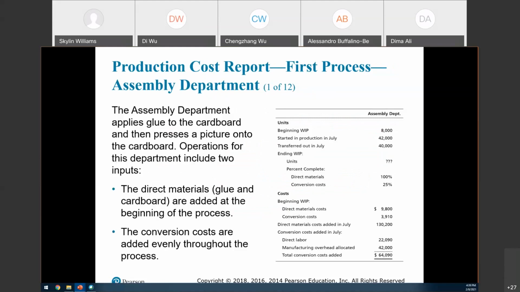And to account for and accounted for must always be equal. So to illustrate these terms, let's prepare a production cost report for Pasme, a company's first department or first process, which is the assembly department.